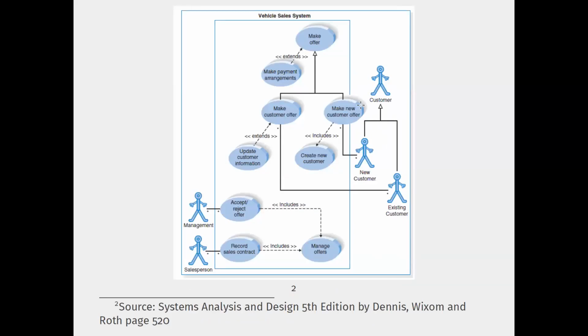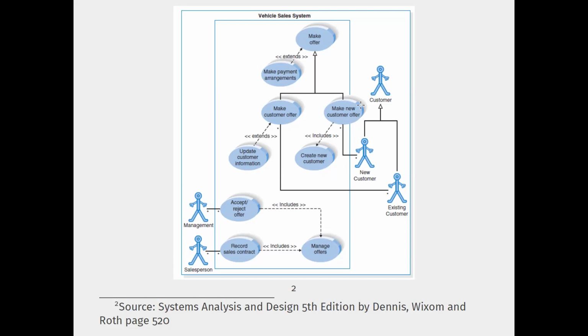Okay, so in this example, you will notice a couple of ideas. Again, I have taken this from another book, from Dennis, Wixom and Roth. So in this one, we include 2 things. Remember, we talked about include and then exclude.